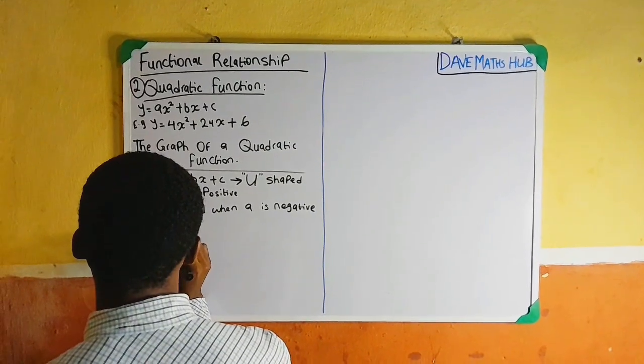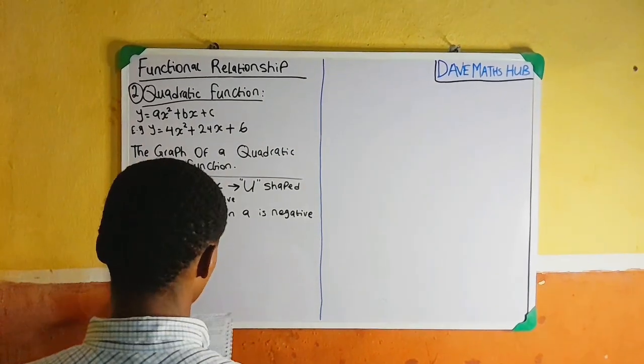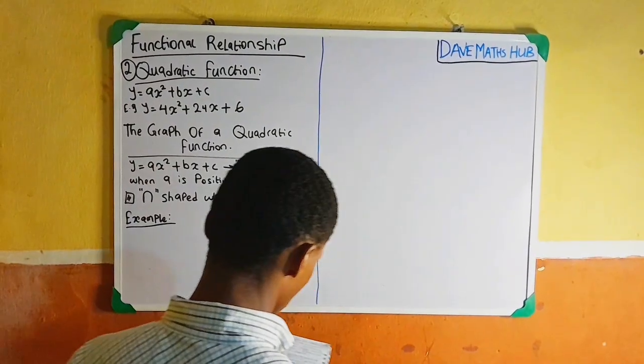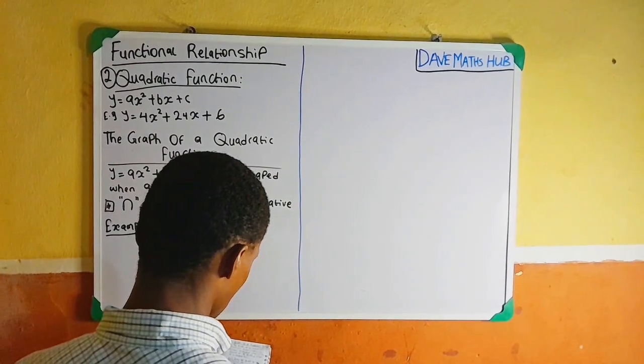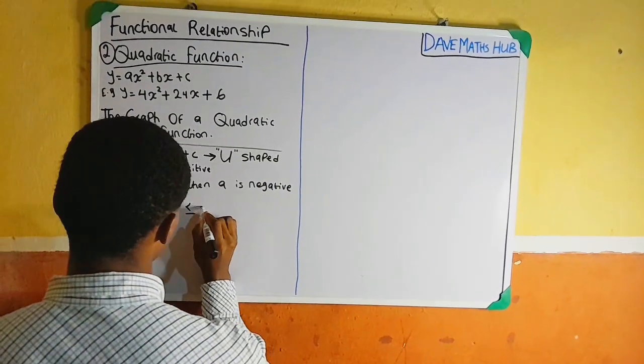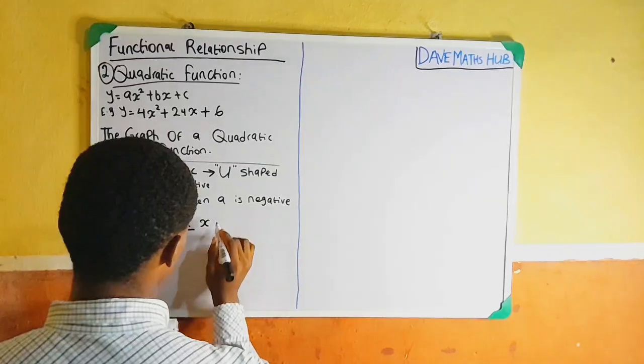Example says draw the graph of the following. Given the constraint -4 is less than or equals to x less than or equals to 3.